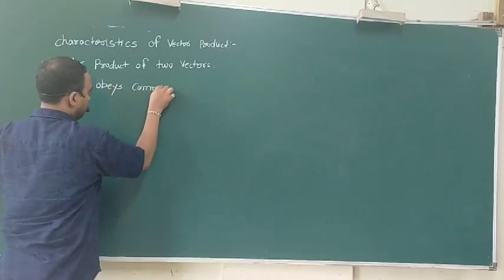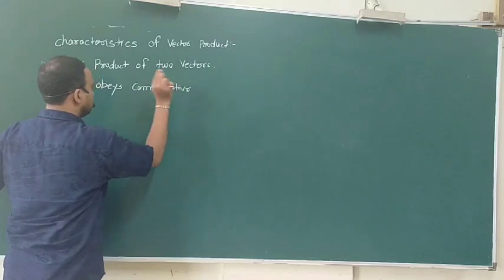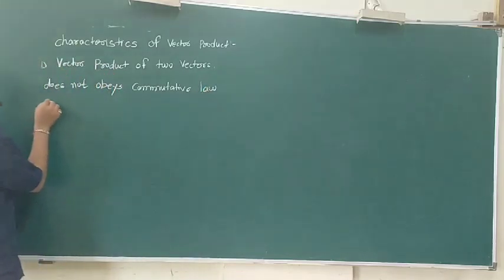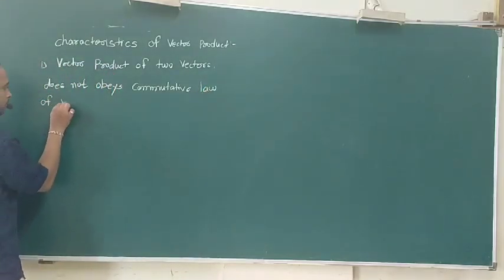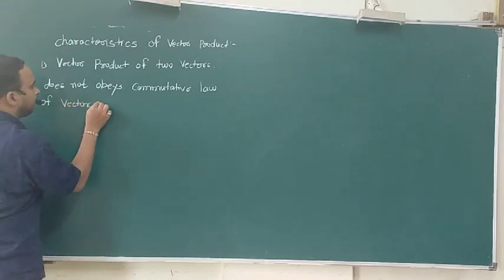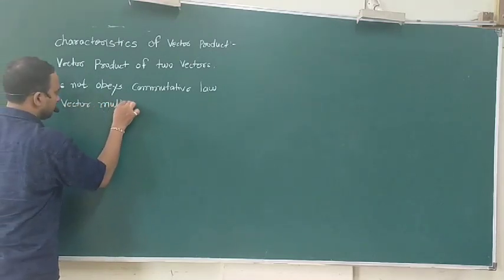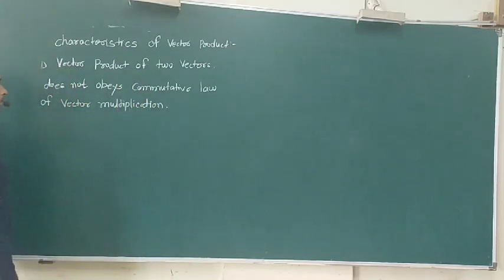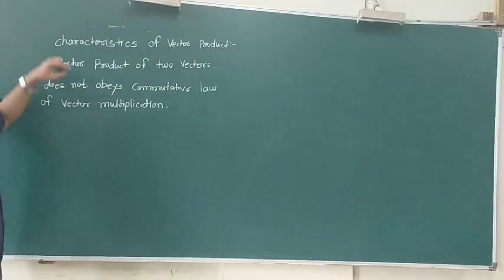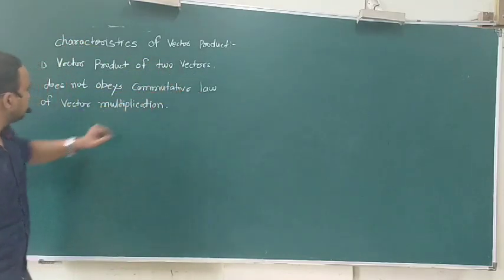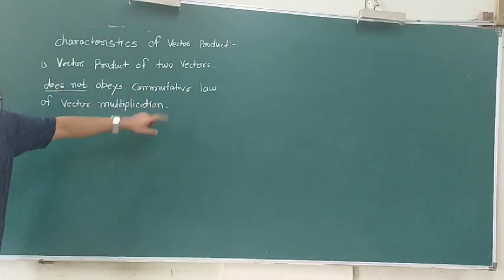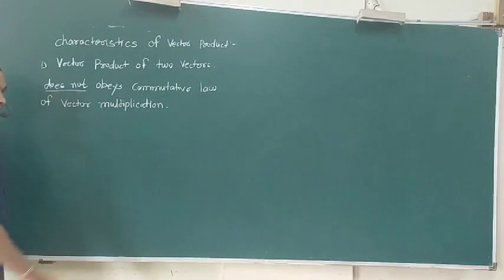The first property of vector product: the vector product of two vectors does not obey the commutative law of vector multiplication.